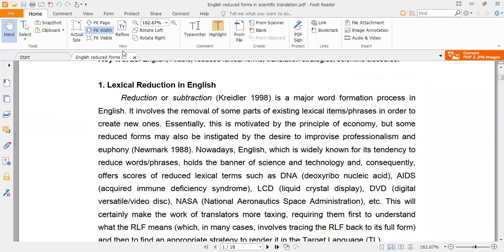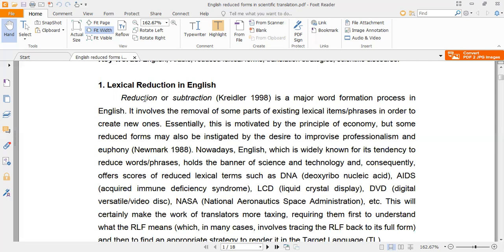To look at lexical reduction in English, first of all, reduction. Reduction means omission, omitting parts of the word. It is a word formation process. Word formation process means that we are going to have a new vocabulary or a new lexical item which is similar to the previous one.